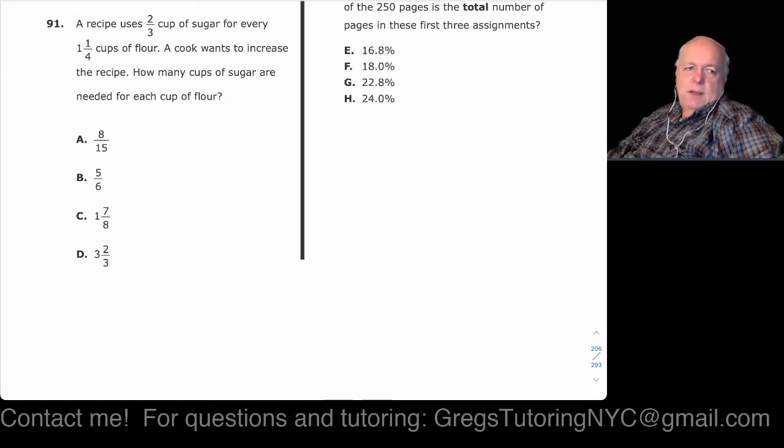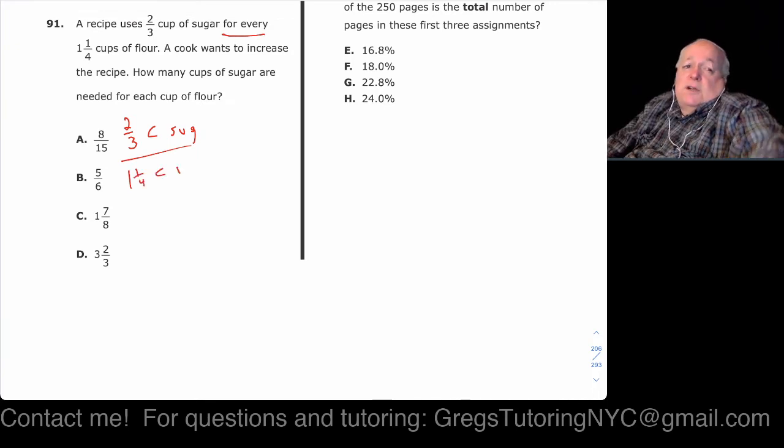We have rate 1¼ cups of flour. 2/3 cups of sugar per 1¼ cups of flour, right? Miles per hour, sugar per flour. So let's just set up that rate. 2/3 a cup of sugar per 1¼ cup of flour.